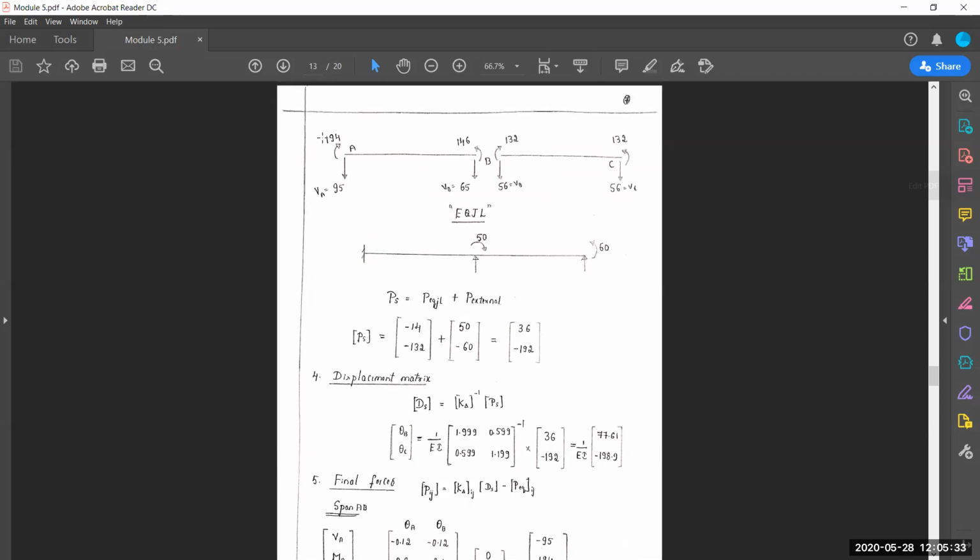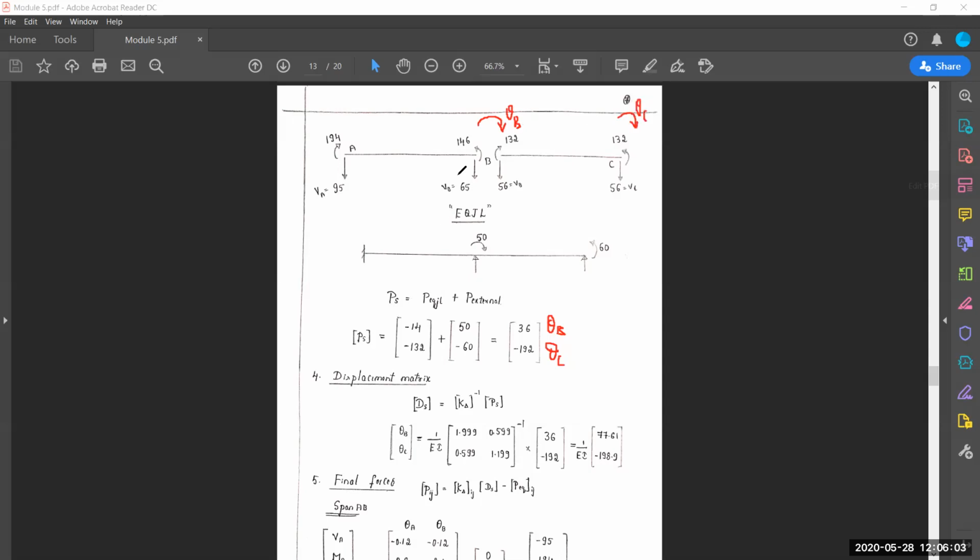Don't write everything like 194 minus 146, 132. It's not like that. Be careful. The first value is for theta B and the second value is for theta C. You have to go to that particular position. Here you are getting theta B, right? So here we have theta B and here we have theta C.